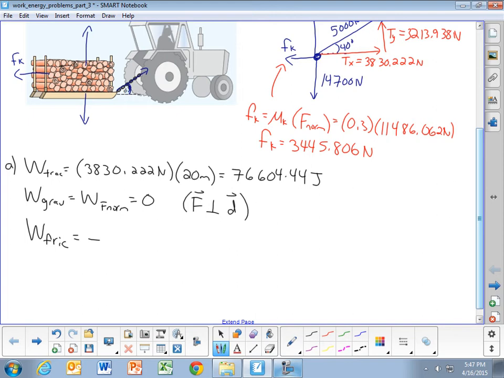If a force opposes the motion of an object, it does negative work. It's taking energy away from the object. So it's negative the force of friction, 3,445.806 newtons times 20 meters. So that's negative 68,916.12 joules.